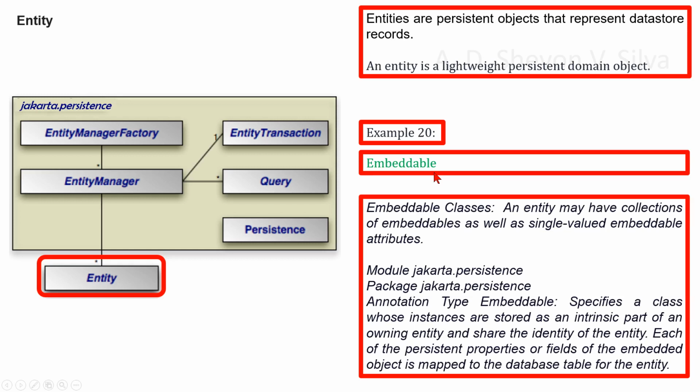An embeddable class may be used to represent the state of another embeddable class. The embeddable class, including an embeddable class within another embeddable class, may contain a collection of a basic type or other embeddable class. An embeddable class may contain a relationship to any entity or collection of entities.